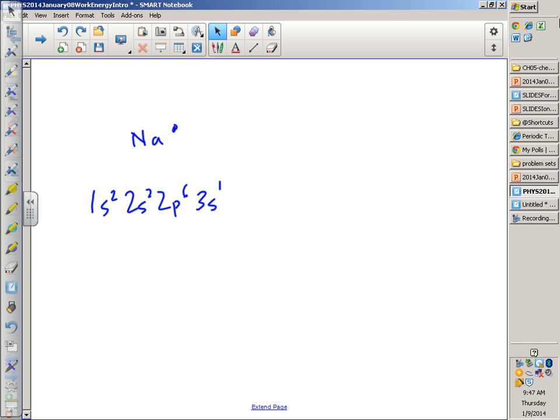What's one way that it could get to 8 valence electrons, Trey? "It could gain 7." Okay, it could gain 7 electrons. It's only got 1 valence electron right now. If it gains 7, guess how many you'll have? 8. Is it going to do that? No, it is not going to do that.